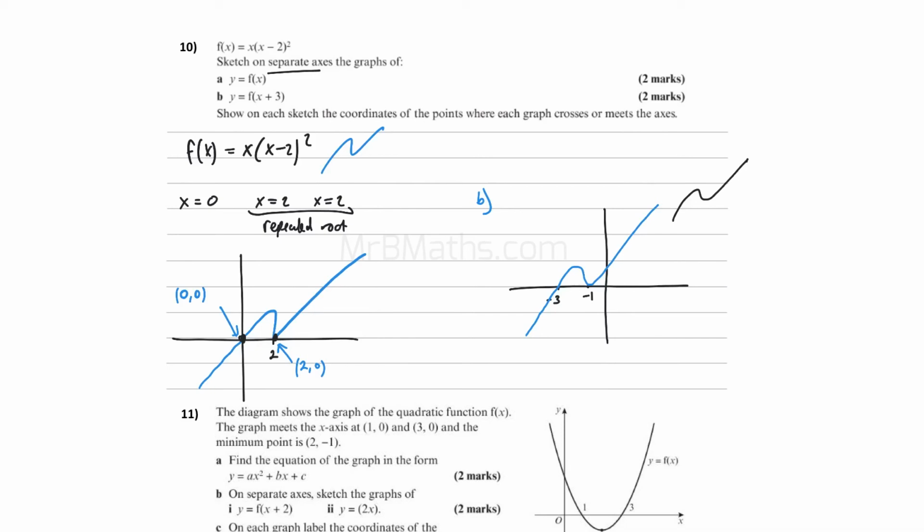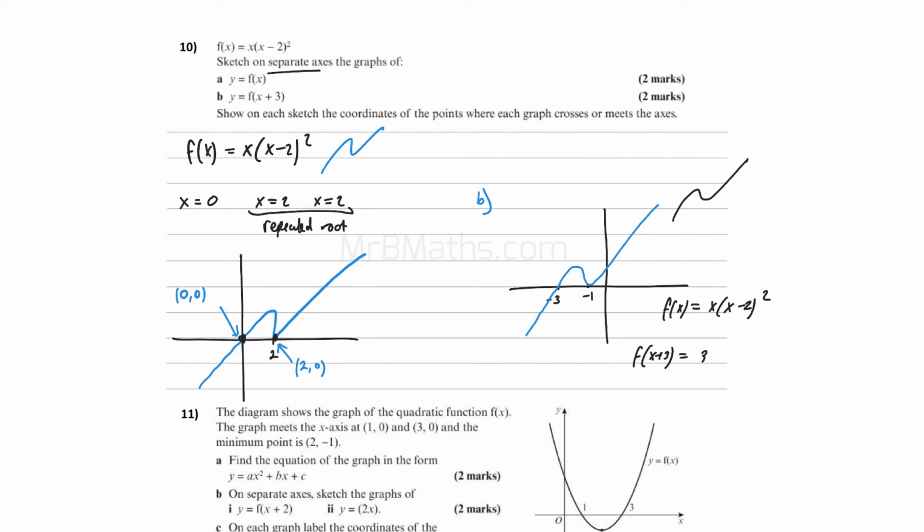So how do we do that? Well, we simply set x equal to 0. So if we look at the f of x, which is x minus 2 all squared, we're actually being told this is f of x plus 3. So we need to set x as 0, and then we've got to add 3 to it.